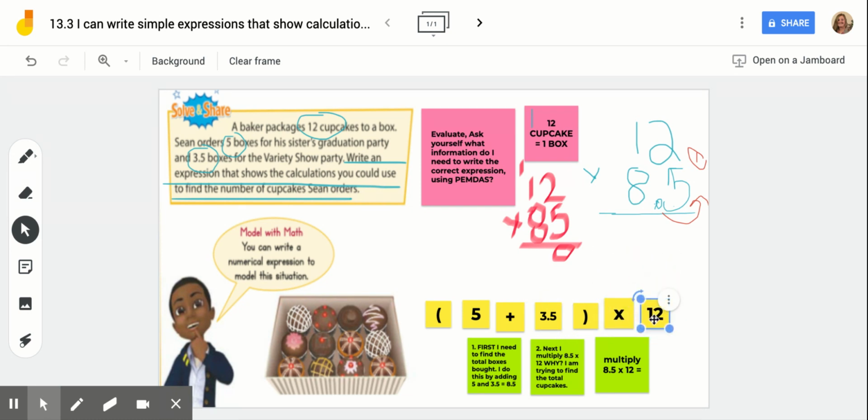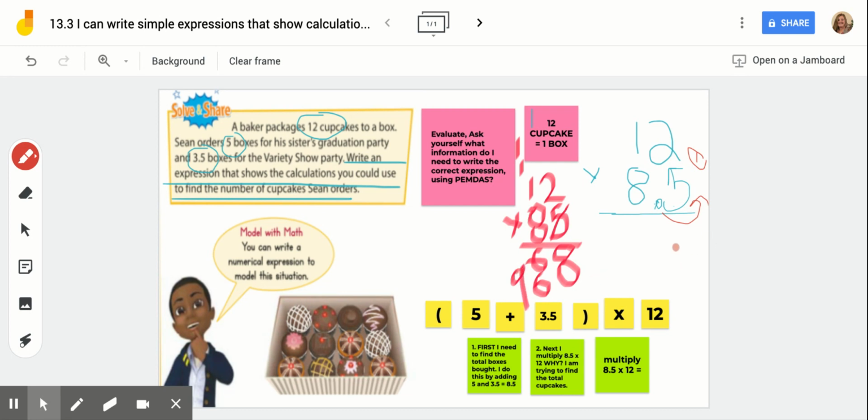All right, so let's go back to my expression. 5 times 2 is 10. I carried my 1. 5 times 1 is 5, plus 1 is 6. I cross the 5 out and put 0 as my placeholder. 8 times 2 is 16. Carry the 1 again. 8 times 1 is 8, plus 1 is 9.